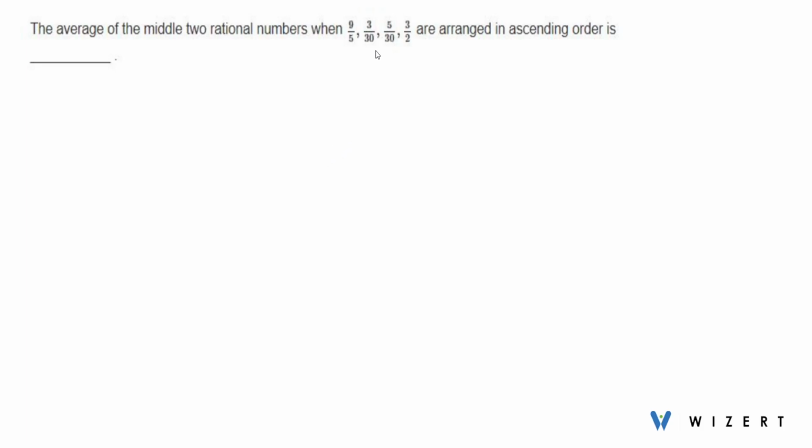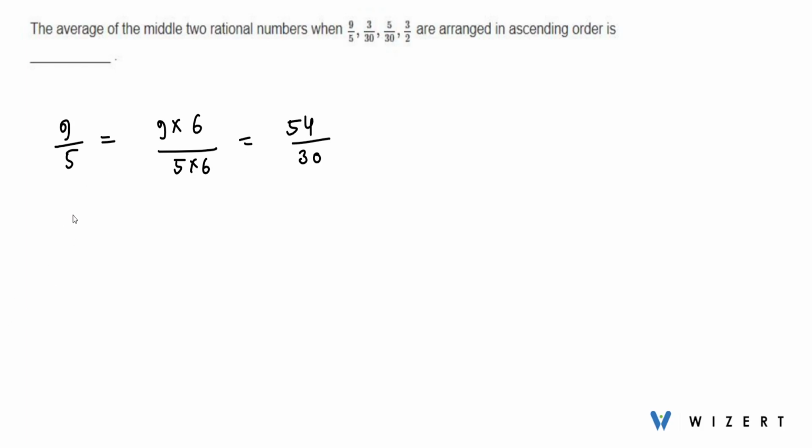So the maximum denominator of the rational number is 30. So we are going to make each of the denominators equal to 30. So 9 by 5, we have to make the denominator 30. So multiply both numerator and denominator by 6. So this will become 54 upon 30.